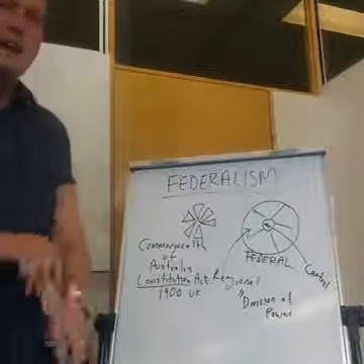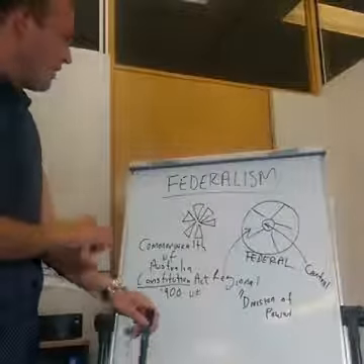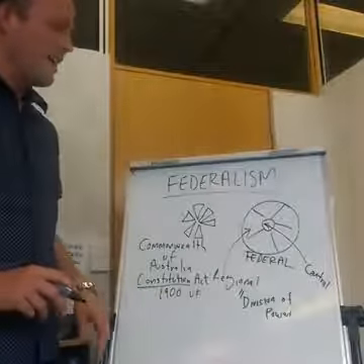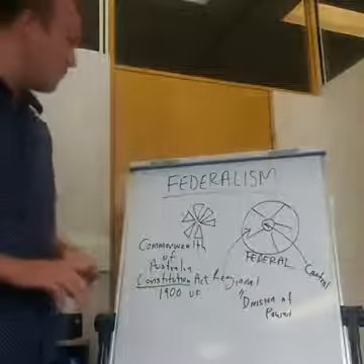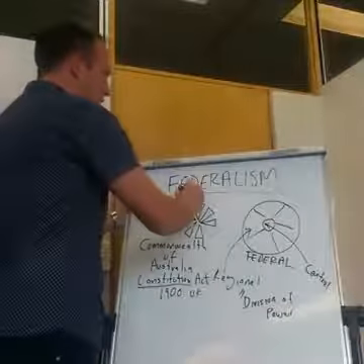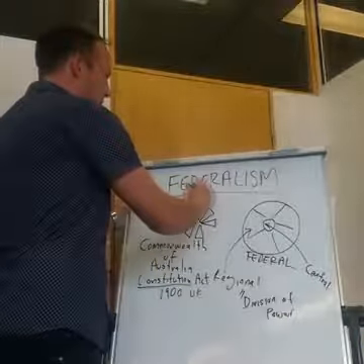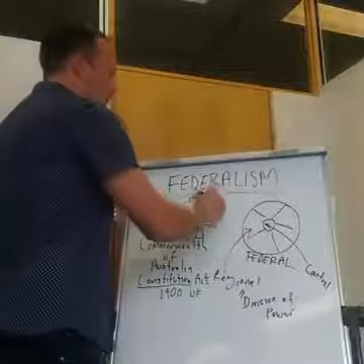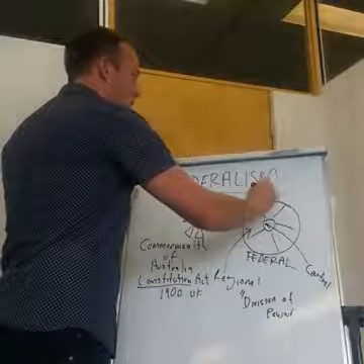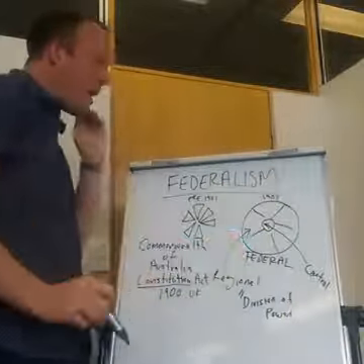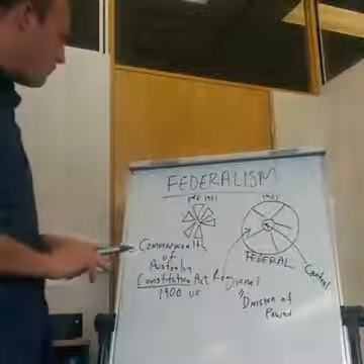Now when the colonies gave up their power, they gave it up to a central body, and they didn't want to give up much of their power. So if we think of this as pre-1901, we think of this as 1901, but how it looks today is a lot different.